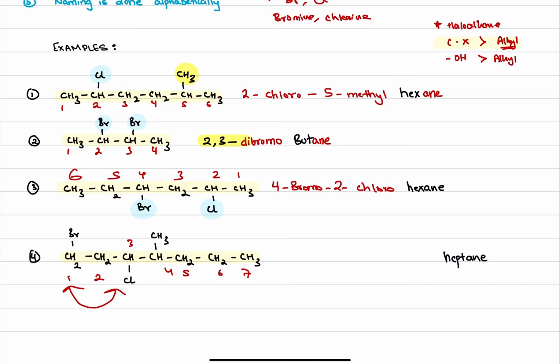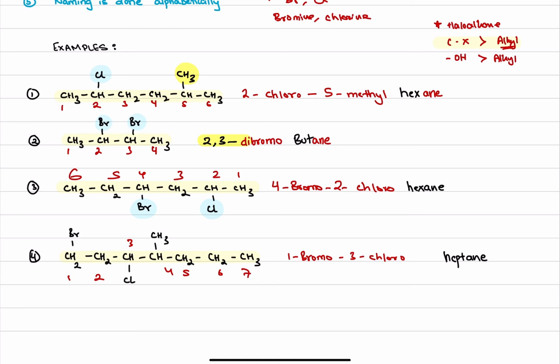So forget about the CH3, just imagine that it doesn't exist for now, all right? Now in this case I'll write bromine first, so this is 1 bromo, and then I write chlorine and this is 3 chloro.